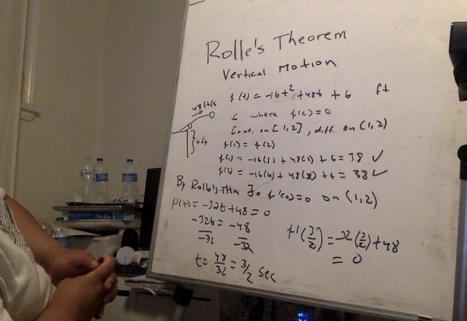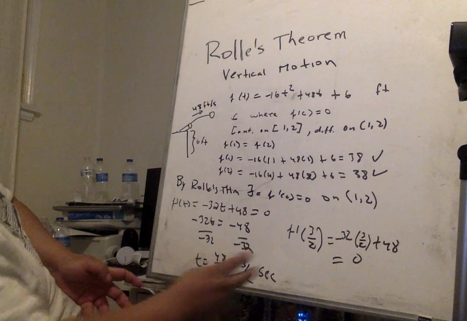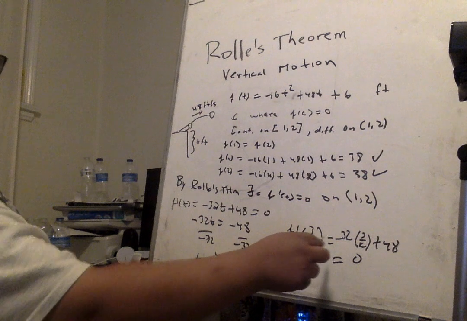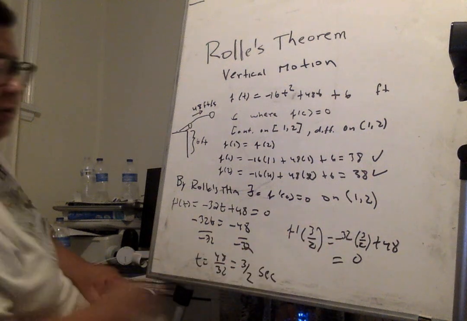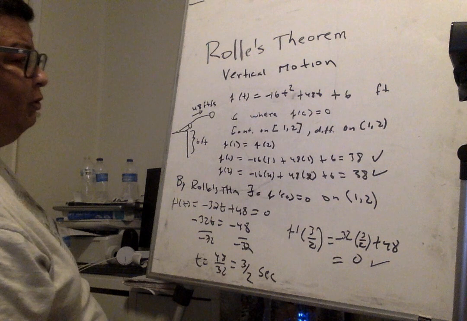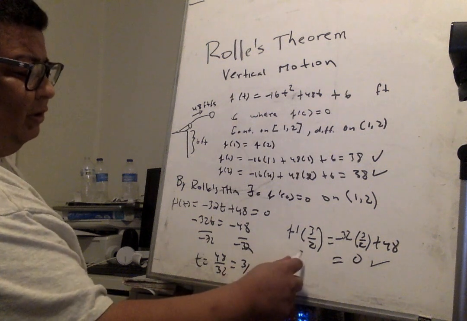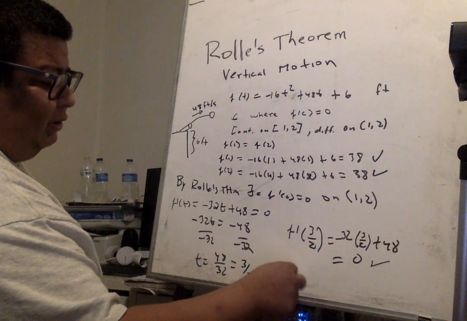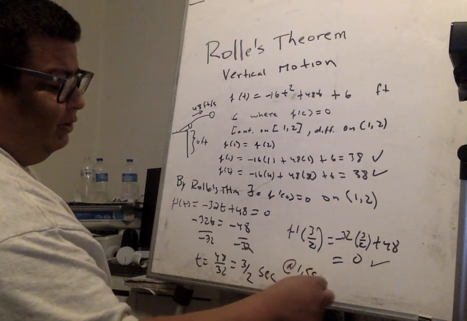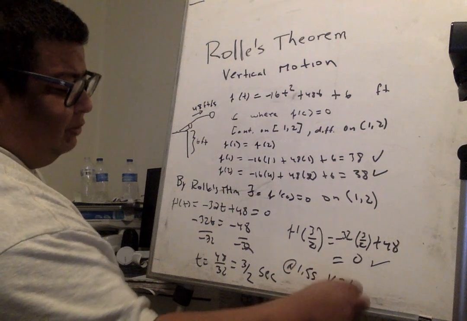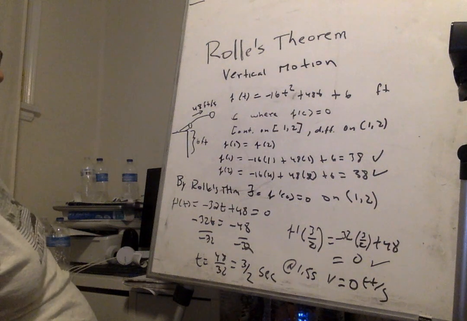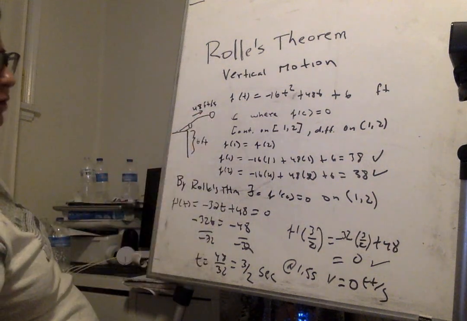And 16 times 3, negative 16 times 3, that would be negative 48. So negative 48 plus 48, that's 0. So that checks out. So the velocity at 3 over 2, which is at 1.5 seconds, velocity is equal to 0 feet per second. So somewhere here, the velocity is going to be 0 feet per second.